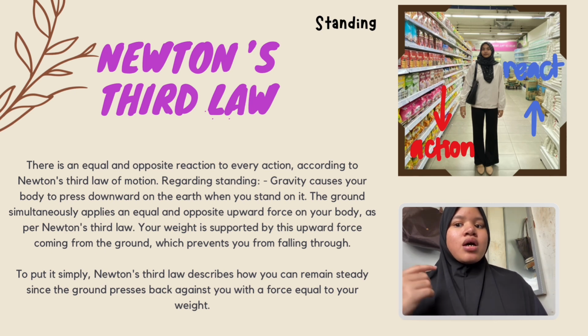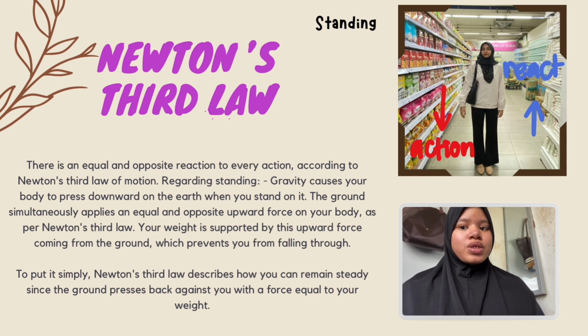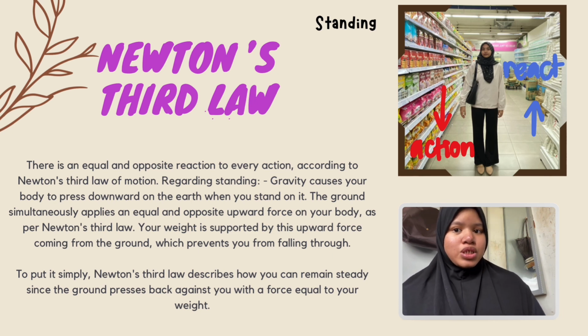Standing upright involves maintaining stability and equilibrium through continuous adjustments of your body's position and muscle contraction. Your muscles contract to maintain posture and counteract the gravitational force pulling you down.